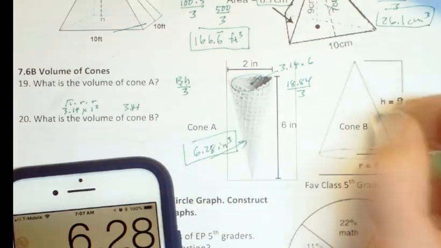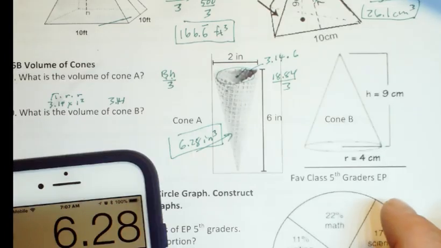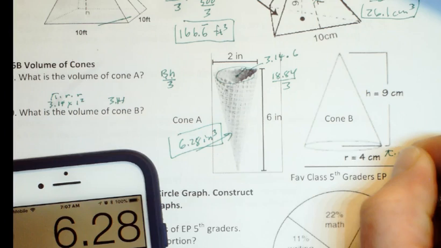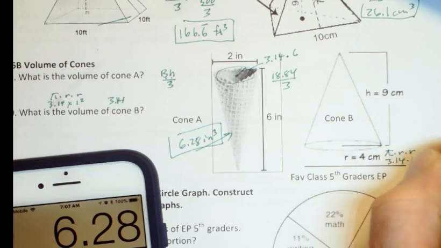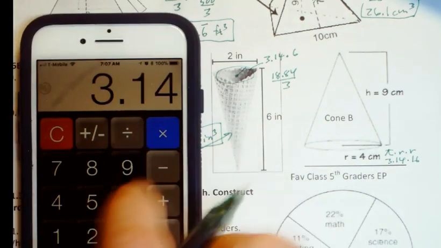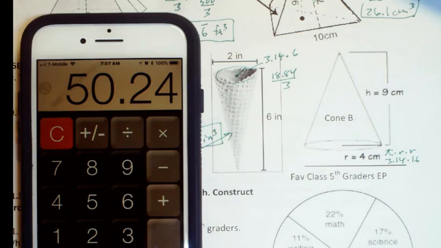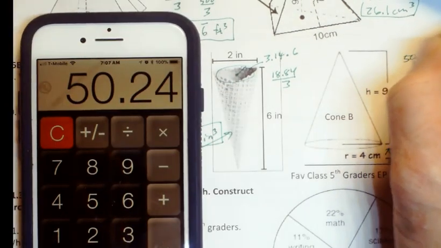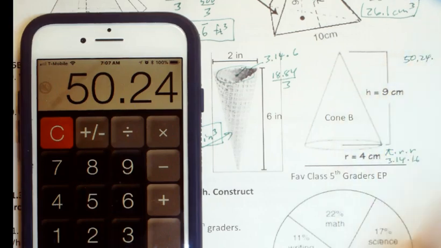Okay, the volume of cone B, same thing. We've got a radius of 4. So pi r squared would be 3.14 times 16. Let's do that. 3.14 times 16 gives me 50.24. So I've got 50.24 times the height.